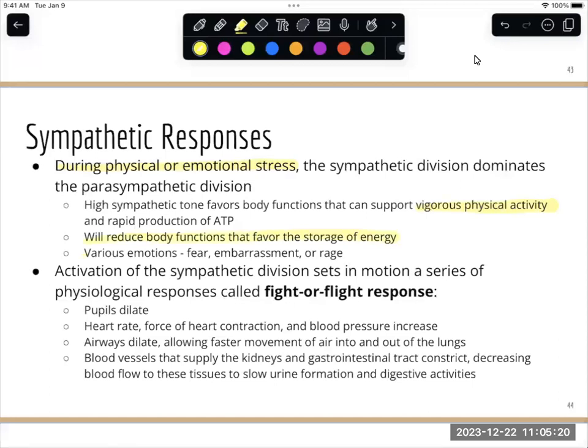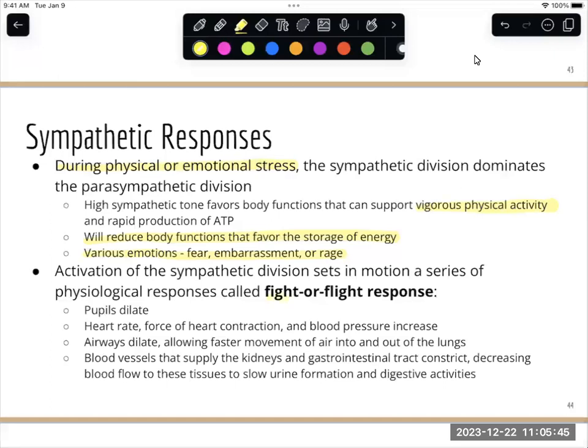But different emotions like fear, embarrassment, or rage can also give a sympathetic response. People who get anxiety standing up in front of a class to give a speech, that's a sympathetic response. Everything that you're experiencing, that sweating of your hands, increased heart rate, sometimes that lightheadedness, that's a sympathetic response.